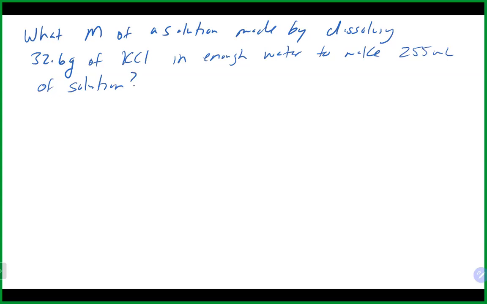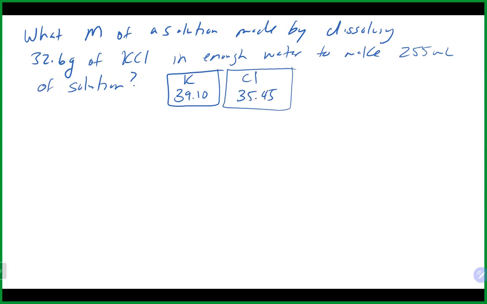So why don't you give it a try? I'll give you some numbers here. Potassium is 39.10, and chlorine is 35.45. All right, so see what you come up with here.